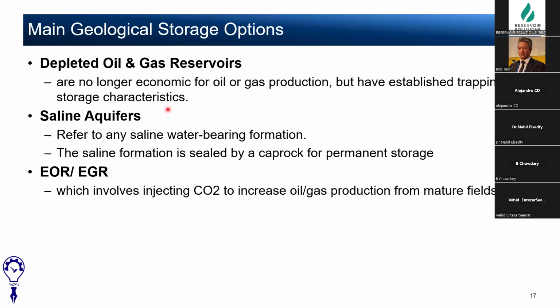And we have established trapping and storage characteristics because for several years we have produced oil and gas from these fields. So we know that we have a seal, we have caprock, we have a trapping mechanism here, and we have the storage properties and characteristics to inject CO2 and store it permanently there.